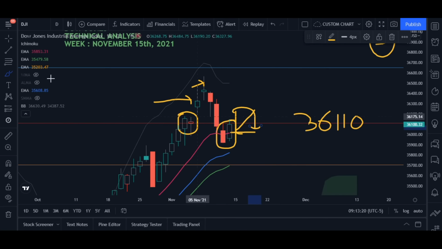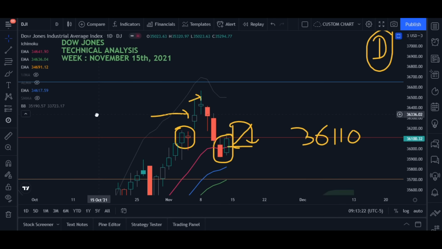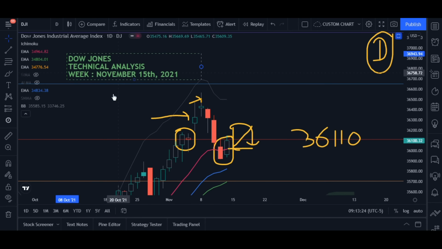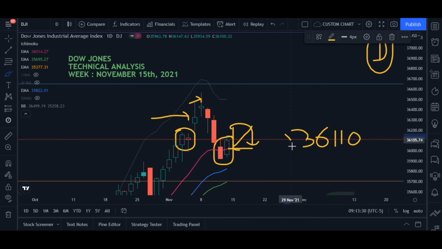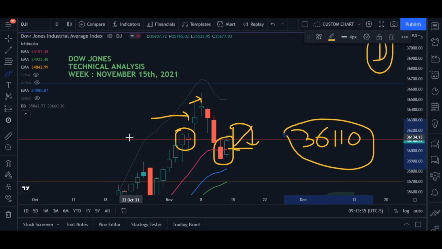Now, how are we going to trade here? The trade setup is, if or only if the market closes above 36,110 on 2 consecutive days, just like this, then only you are going to buy.